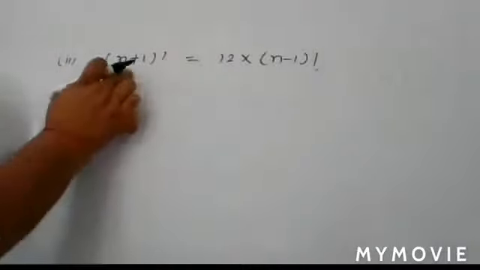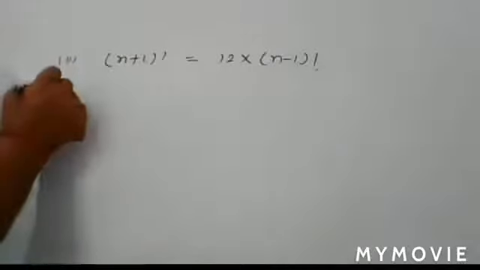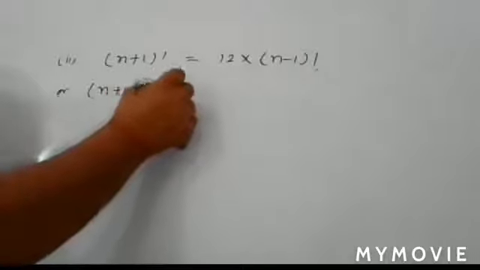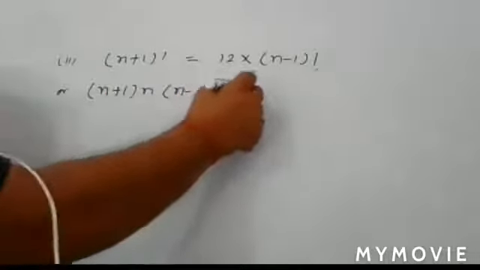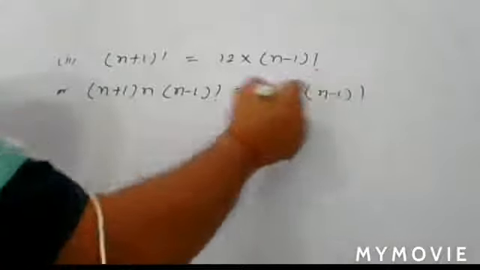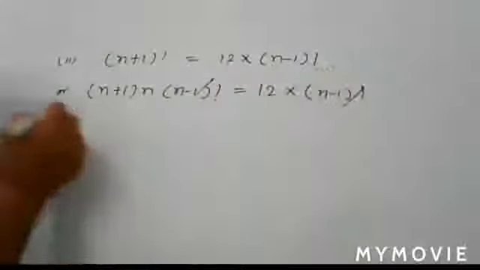Again, you expand your larger number. So here you have (n+1), n, and then you write (n-1)! is equal to 12 into (n-1)!, so that we cancel out.